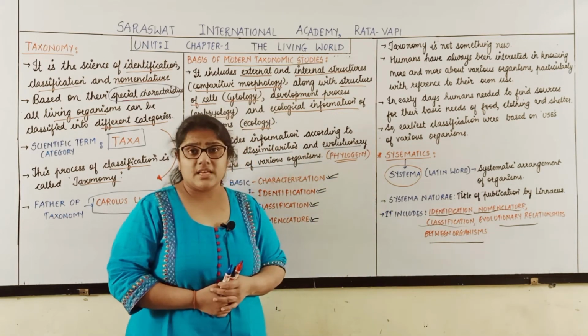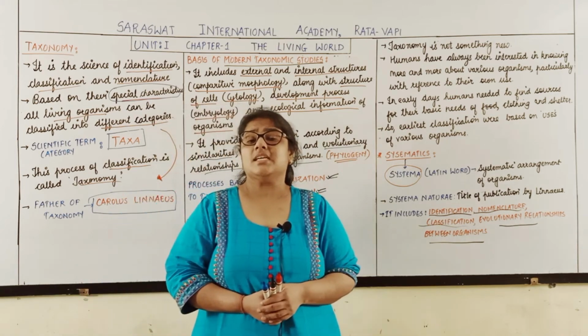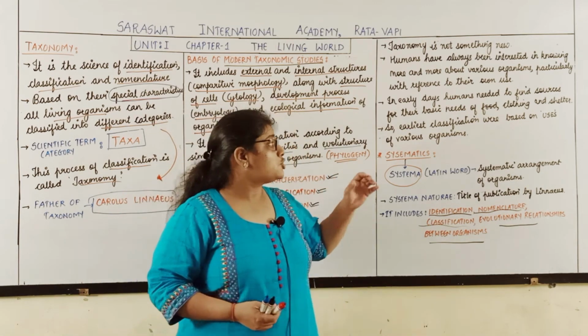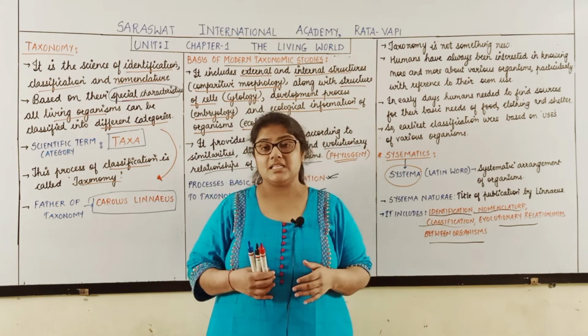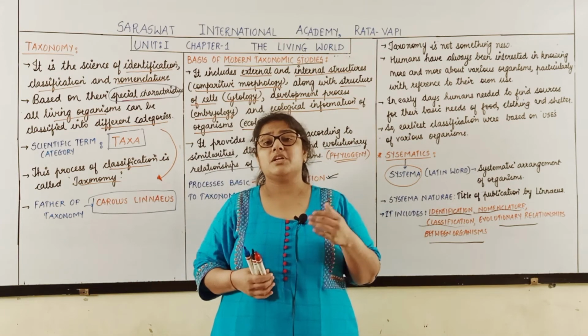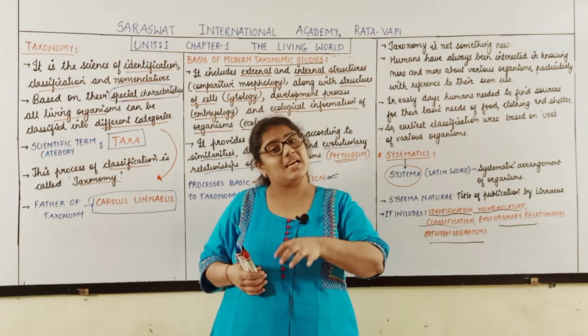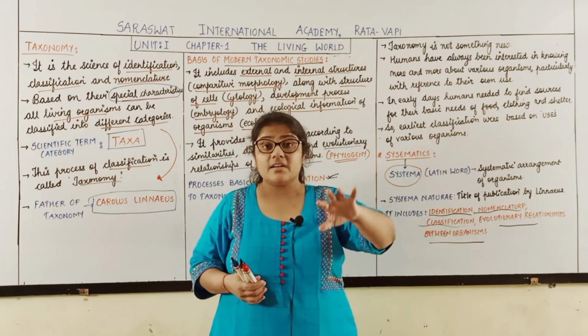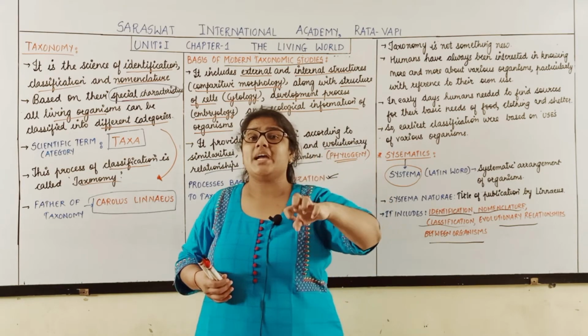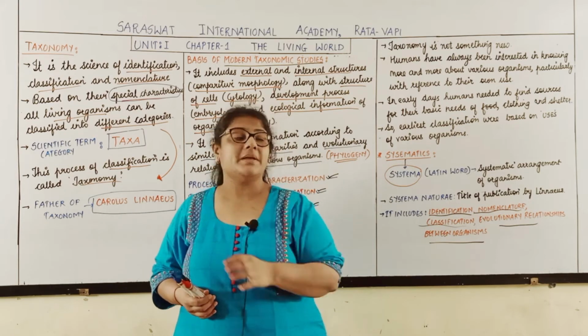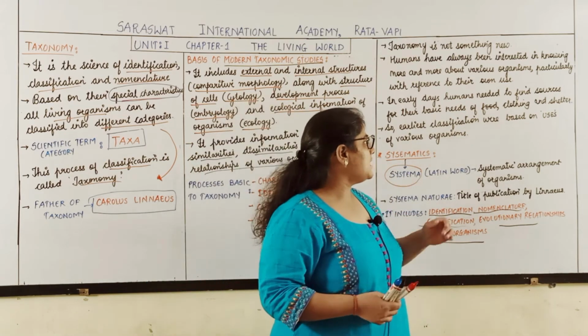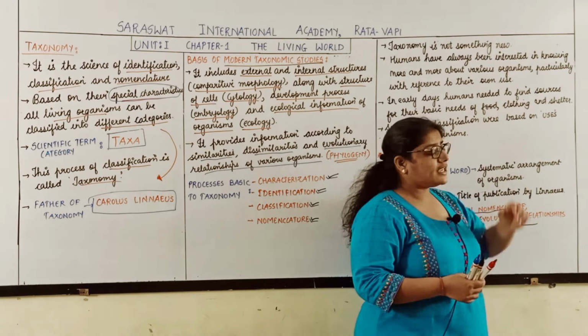In earlier days, human beings needed to find the sources of their basic needs. The basic needs were not easily available as they are now. What are the basic needs? Food, clothing and shelter.